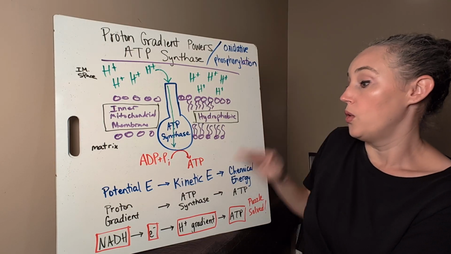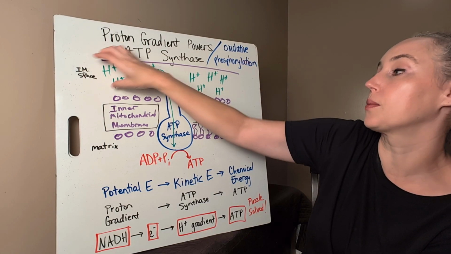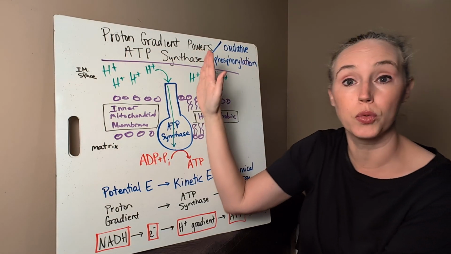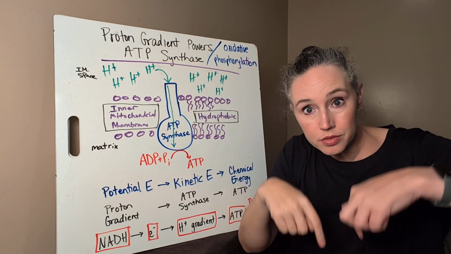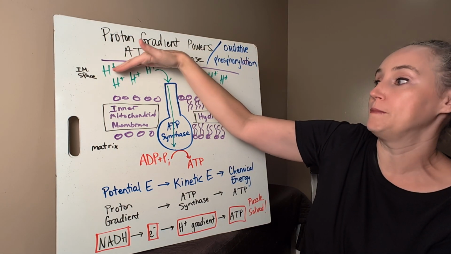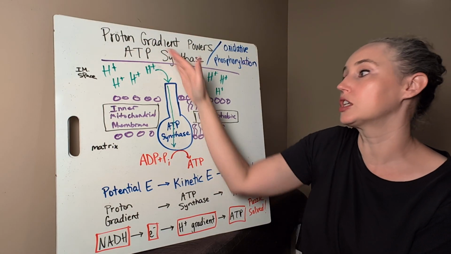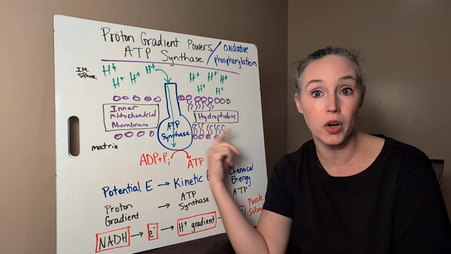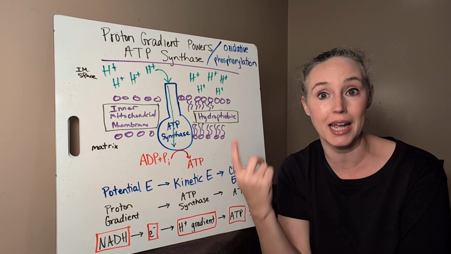So what's going to happen is this potential energy, as the protons flow through the ATP synthase, which has a polar inside so that they can actually go through, as this flows through, it's going to turn, because this bottom part of the ATP synthase physically turns, right? It actually moves.